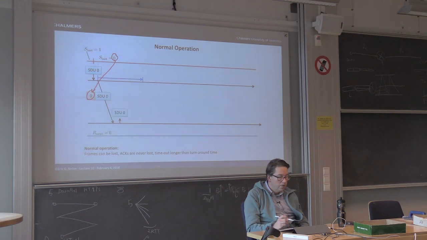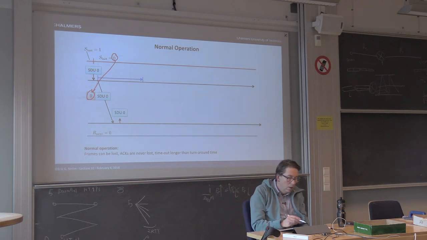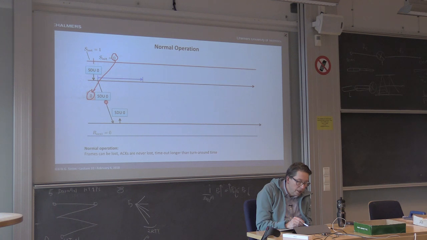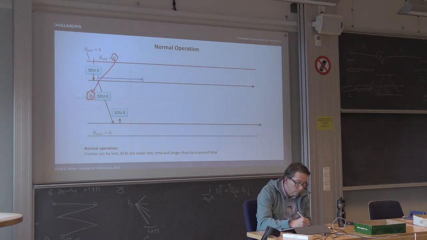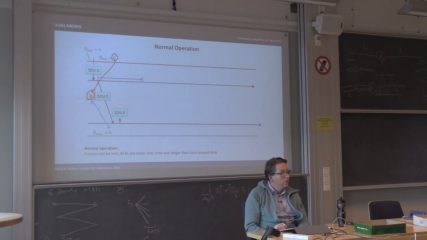And then the receiver checks the sequence number against R next, and it happens to be the same, right? So do a comparison between these two numbers. It's the same, and therefore it delivers it. And now it's time to send the acknowledgement.